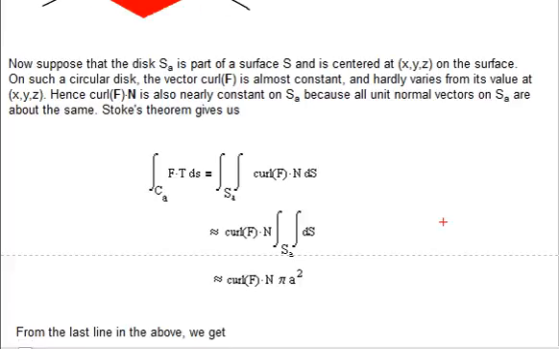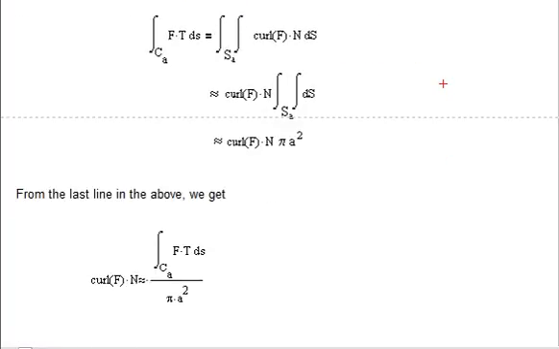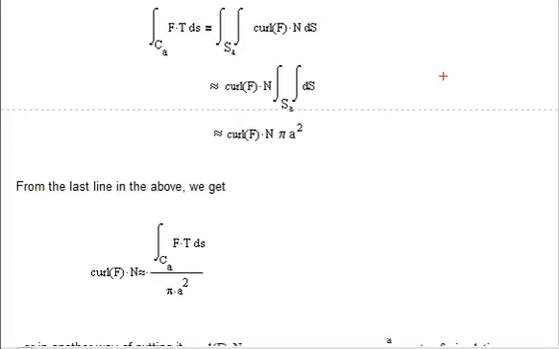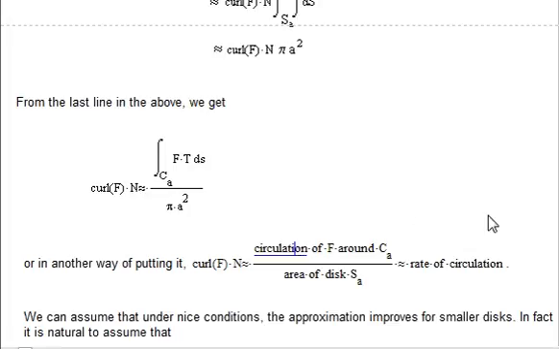Okay, so from the last line, we get the curl of F dot n is approximately the line integral of F dot T ds over pi a squared. Or another way of putting it, curl of F dot n is approximately the circulation of F around the circle over the area of the disk S sub A, remember that was pi a squared, which is approximately the rate of circulation.